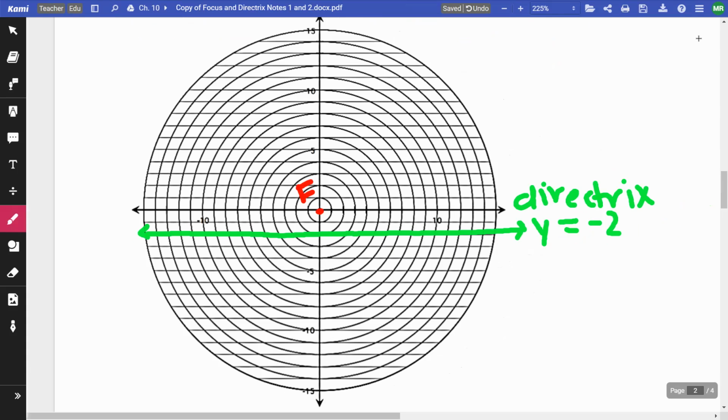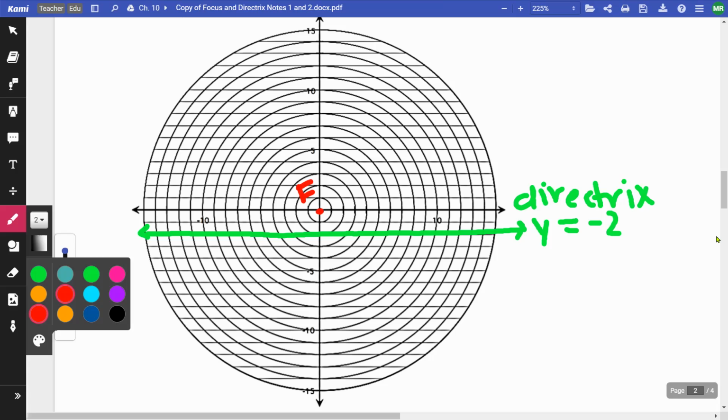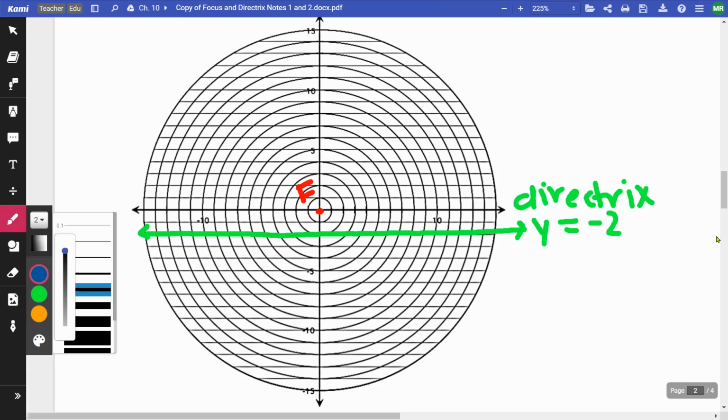And then what I'm going to do is plot my parabola again. I need to be the same distance between both of these. So if this is at 0, 0, and this is down at y equals -2, my vertex is going to be right here, halfway between.